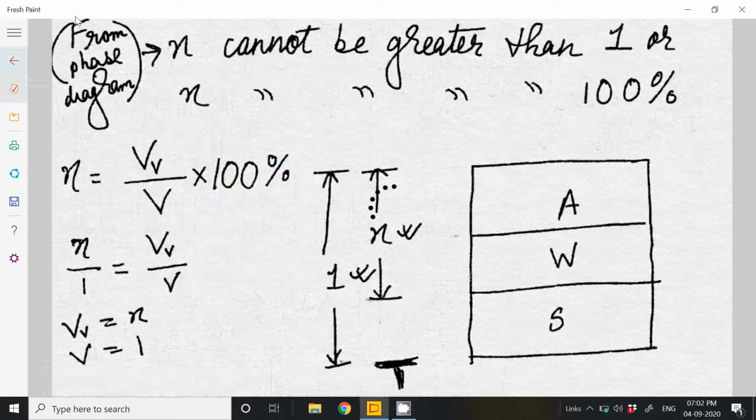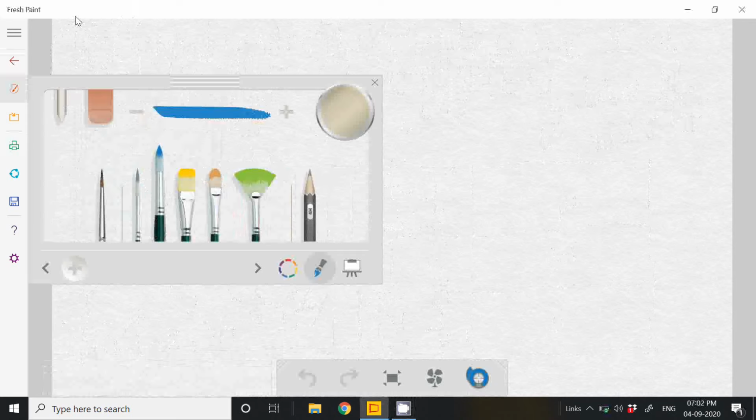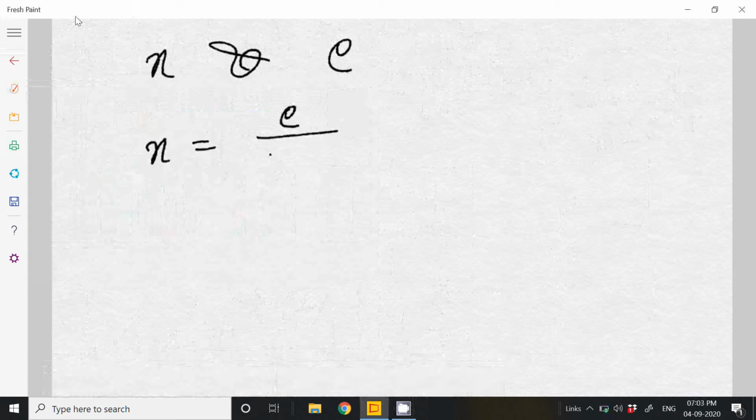Then there is one very important rule, which is the relation between n and e. So n is equal to e by 1 plus e, and e is equal to n by 1 minus n.